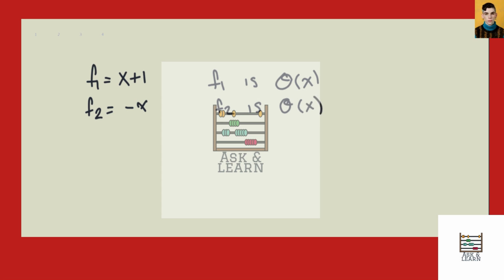Okay, but if we take the sum, so now if we want to take f1 plus f2, we would get x plus 1 minus x, which is equal to 1. Well, 1 is not big theta of x, right?